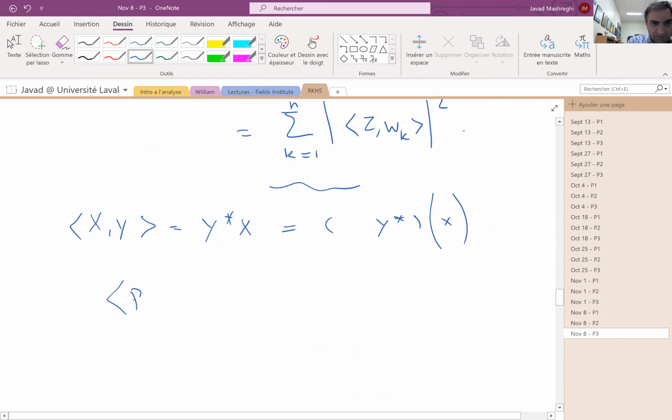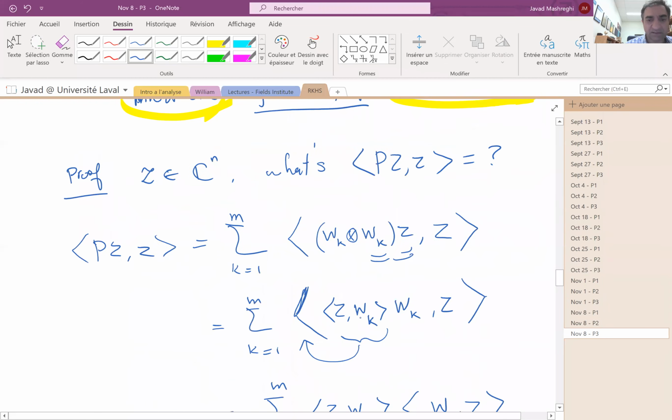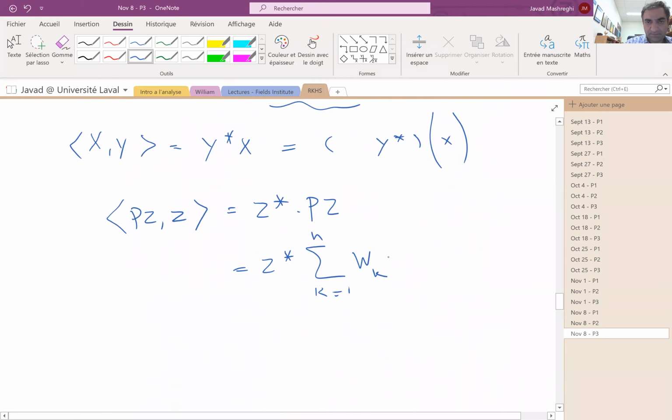Pz, z based on this would be z star times Pz, which is z star sum k from 1 up to n, wk, wk star, z.